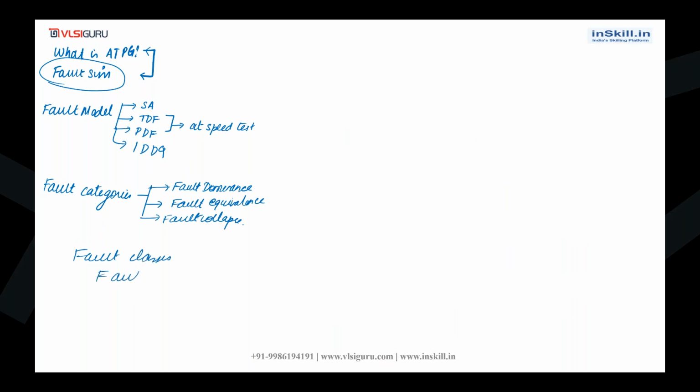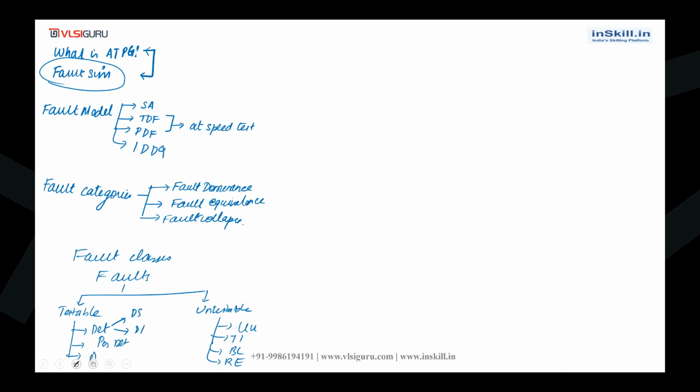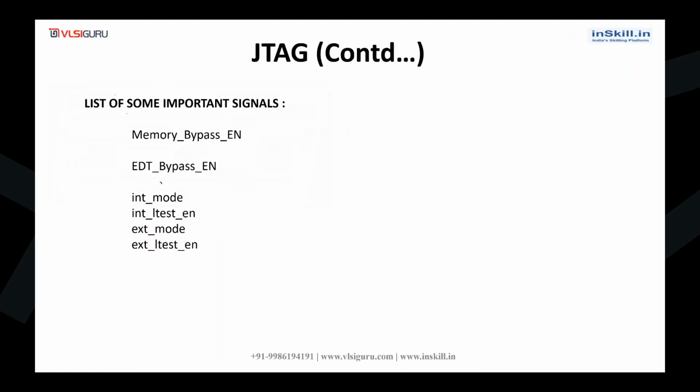So basically, faults are broadly classified into testable and untestable. Again, these untestable classes will be further subclassified into unused, tied, blocked, redundant. And the testable class is subclassified into detected. Detected will again be subclassified into detected by simulation, detected by implication, possibly detected, and ATPG untestable.